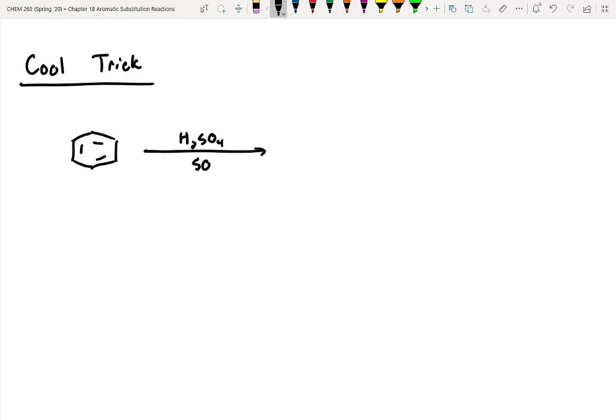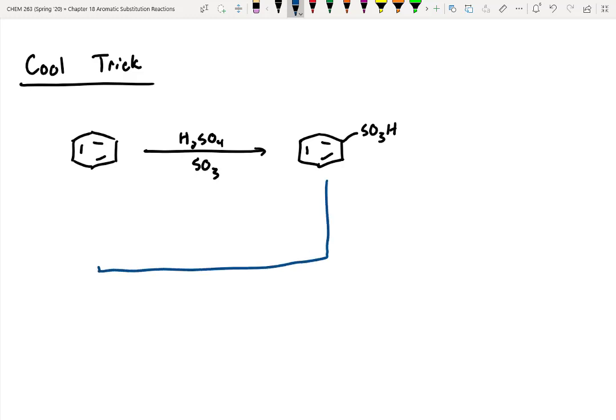And in this case, you can write SO3 or fuming. I'll understand either way. And we can show the forward reaction. We can even abbreviate that group by just saying SO3H. That's our sulfonic acid.